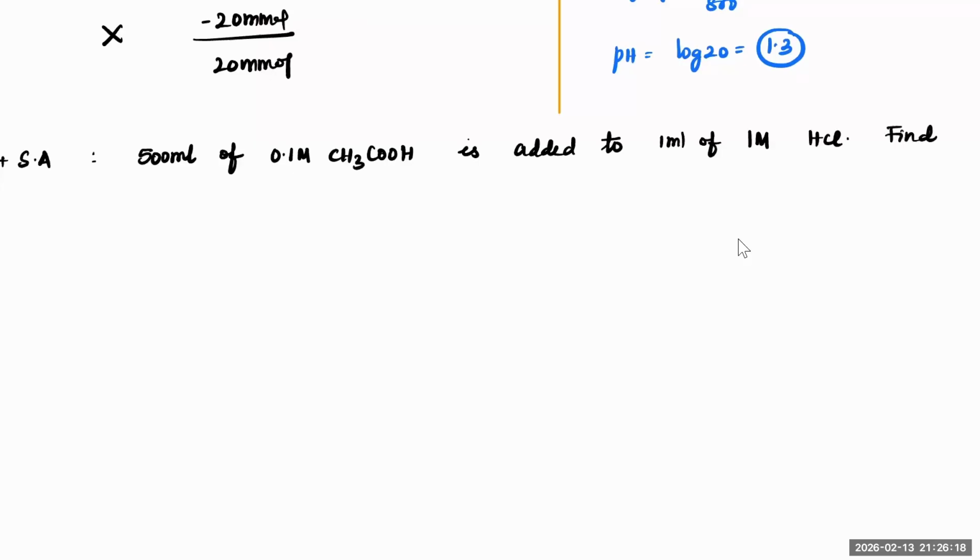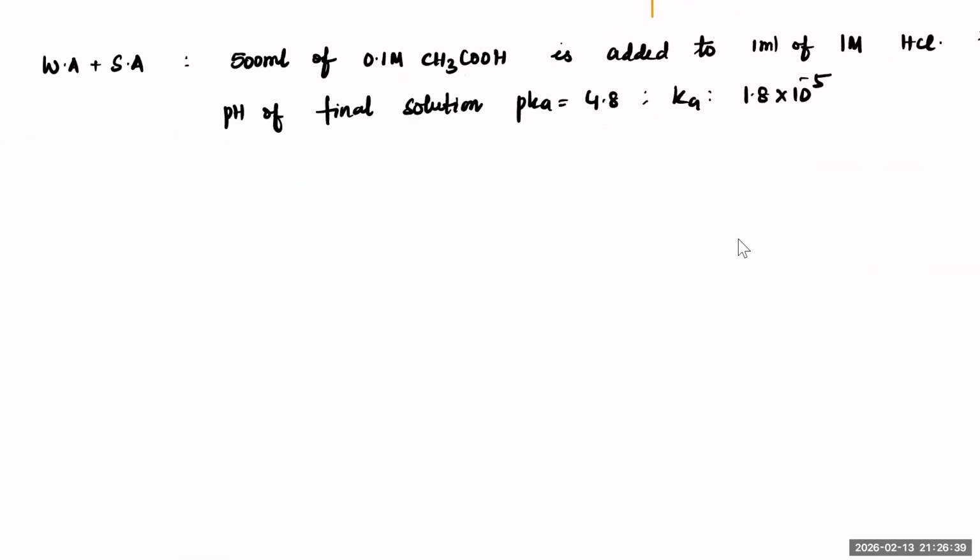Find the pH of the final solution. pKa value is given as 4.8 or Ka value is approximately given as 1.8 into 10 raised to power of minus 5. You can take anything that is required in the question.